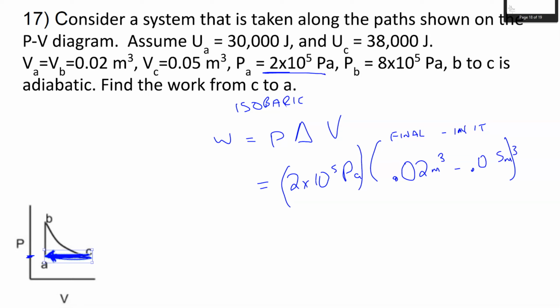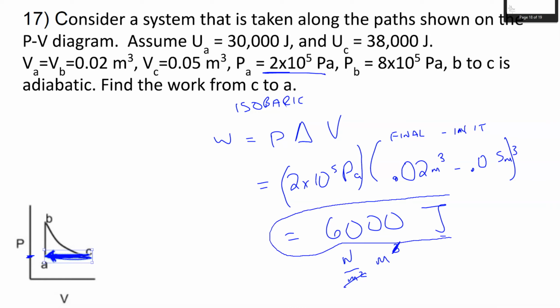That's negative 0.03, and I multiply that here, I'm going to get, I think it's 6,000 joules. Remember that Pascal is a Newton per meter squared, and then I'm multiplying that by cubic meters, so the meter squared cancels 2 but not 3. I've got a Newton meter, which is a joule right there.